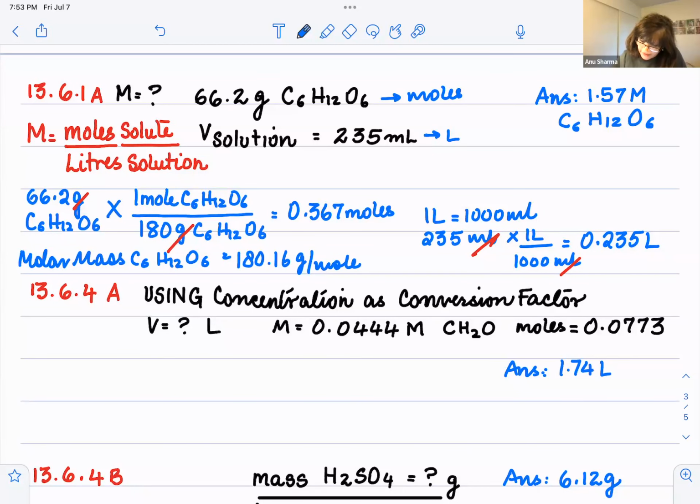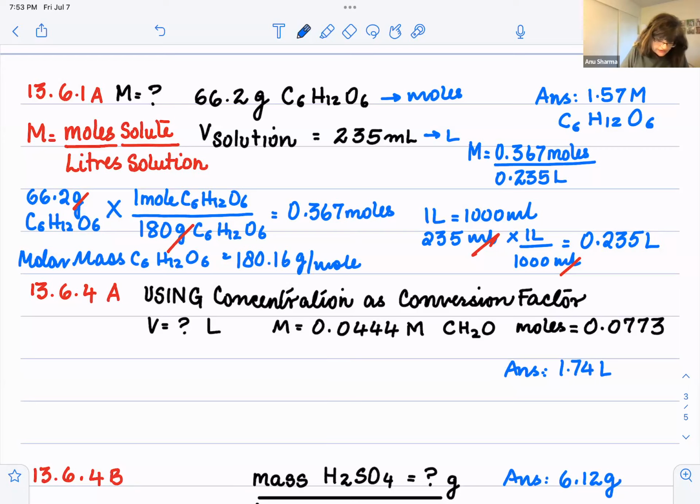Next is to find the molarity. Molarity is equal to moles per liter. So molarity is 0.367 moles divided by 0.235 liters.